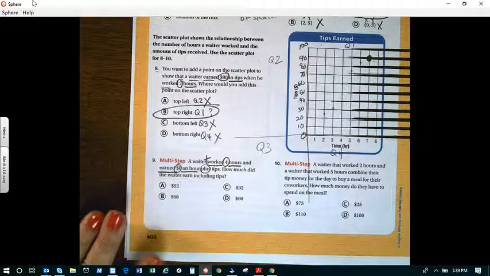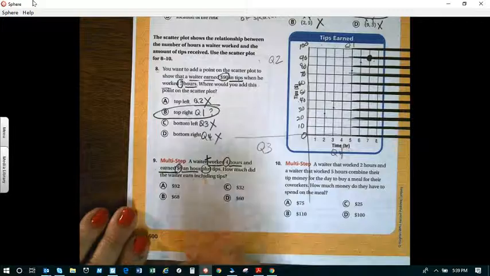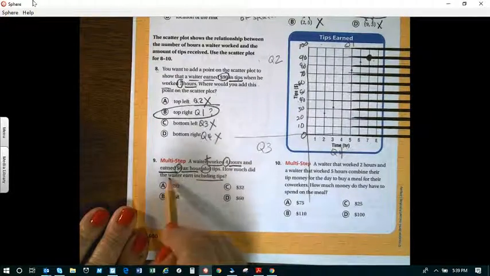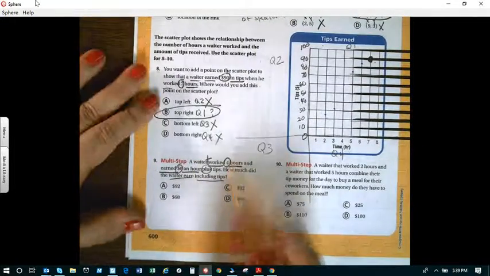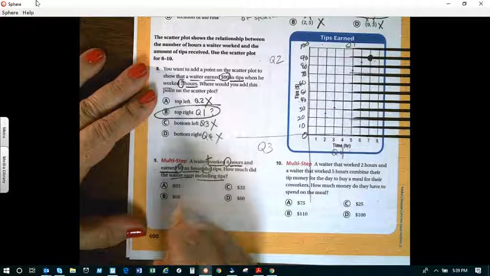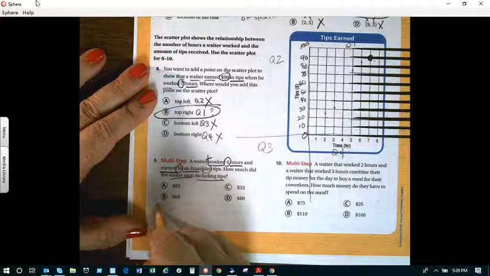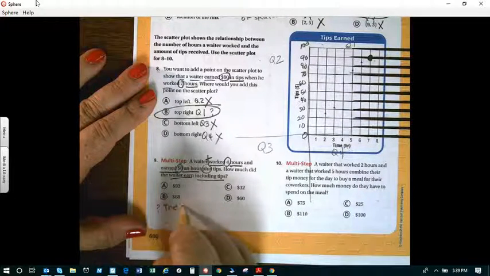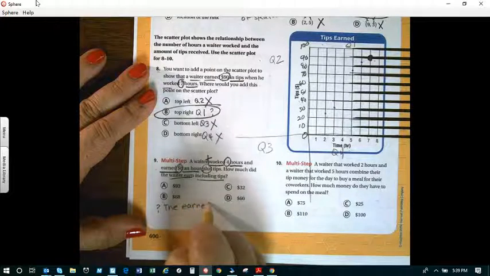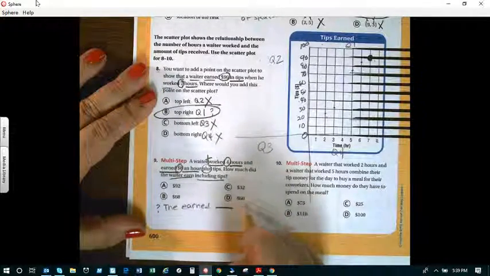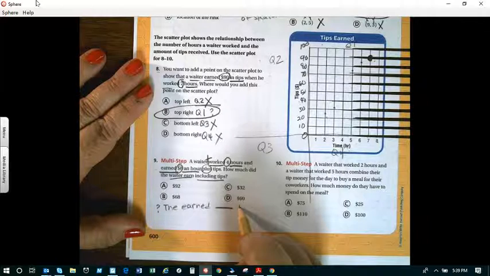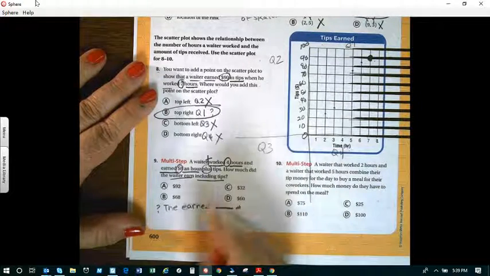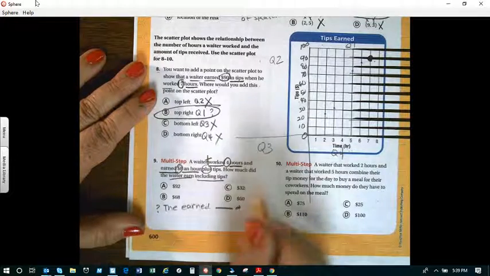How much did the waiter earn including tips? So now I know that, so I'm going to rephrase my question. The waiter earned blank. I could have put the waiter earned a total of, I'm going to just put blank with tips.